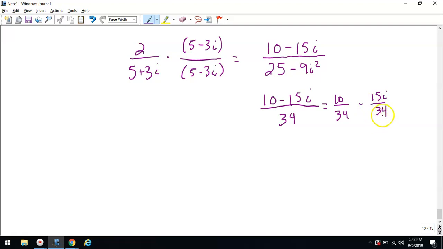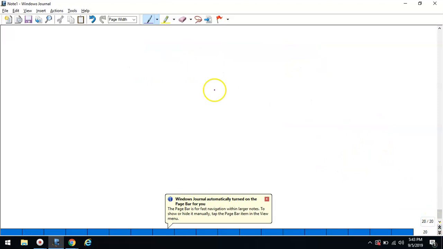If you want to get fancy, I guess you could say that 10 over 34 is the same as 5 over 17, but since you can't do this to the other one, I don't know how much that is helping. And the question on the review does not say to put it like this, but I'm not sure what the test says.